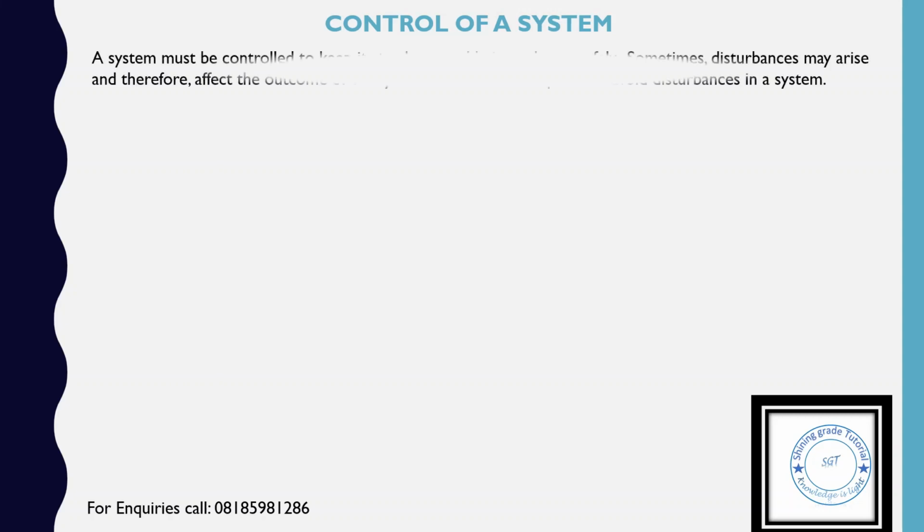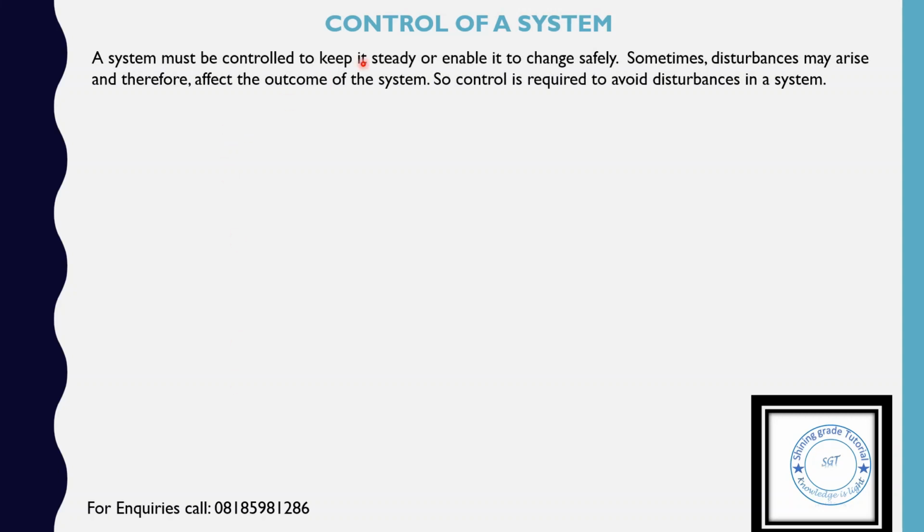We said that a system must be controlled to keep it steady and enable it to change safely. Sometimes disturbances may arise and therefore affect the outcome of the system, so control is required to avoid disturbances in the system. It's very, very important to be able to control the system. In that regard, there are some elements that need to be followed: planning, collecting data, making comparisons, and taking corrective actions.